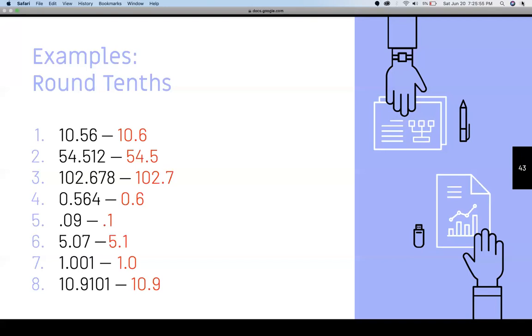5.07 is the next one. 5.07 becomes, the 0.07 becomes 0.1 because the 7 is greater than 5. So 5 rounds up. 1.001, excuse me, becomes 1.0 because of rounding.